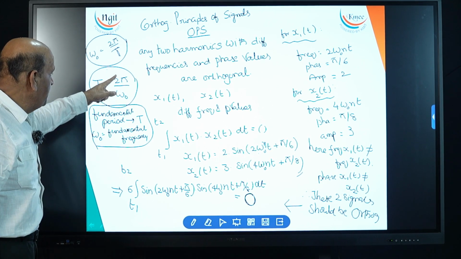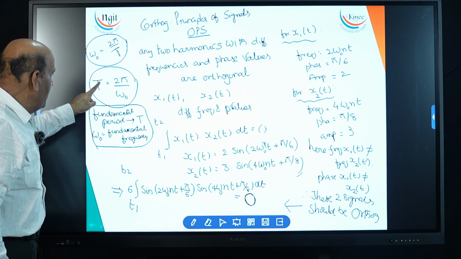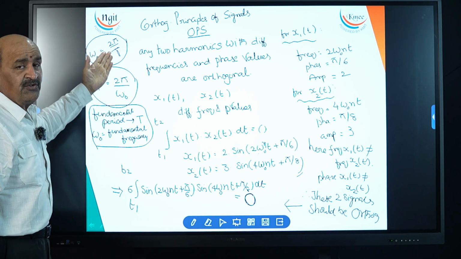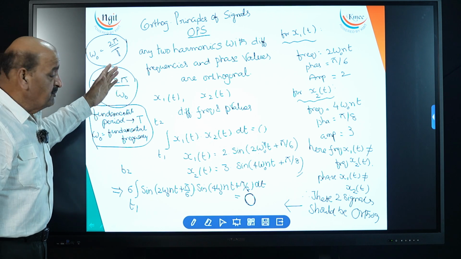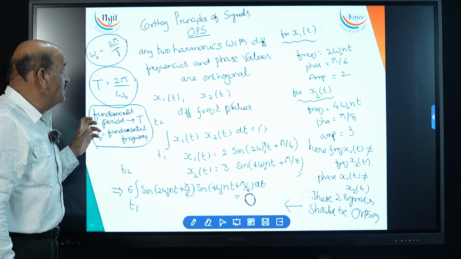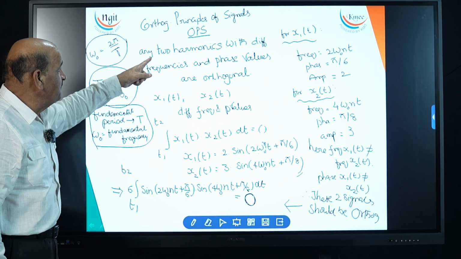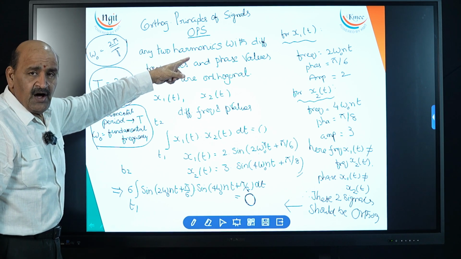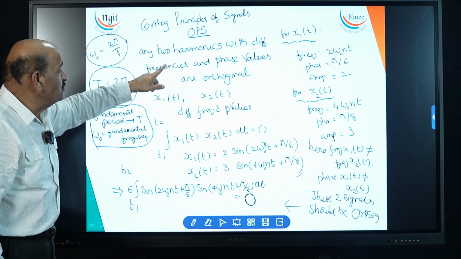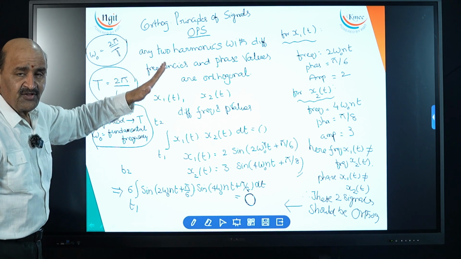So T equal to 2 pi by omega naught, or you can swap omega naught and T, another principle. Both are same. But in this concept, you should be very particular about the first property. What is the first property? Any two harmonic signals with different frequencies and phase values are always orthogonal.